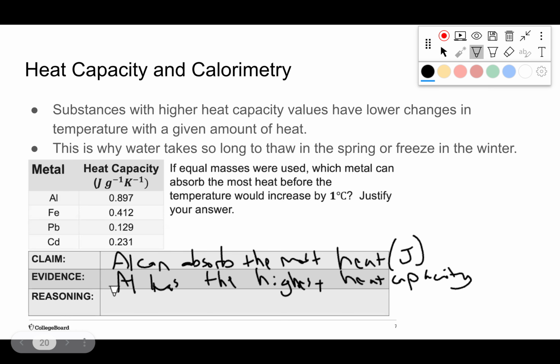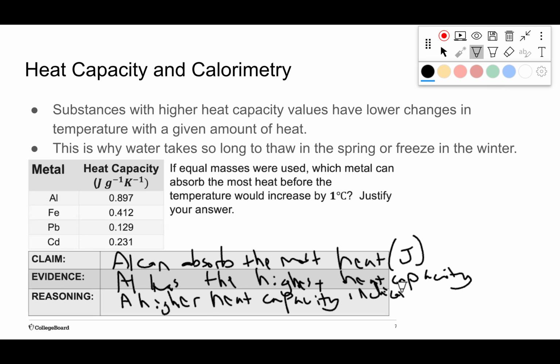And my reasoning is if I have a higher heat capacity, it indicates the ability to absorb, and this could be absorb or release.